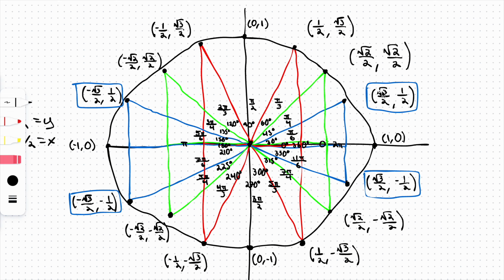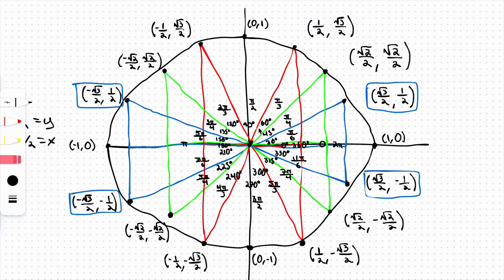I don't really remember these coordinates, but I remember my horizontal leg going in the x direction is long, and this vertical leg is short. So I remember long leg is root 3 over 2, and our short leg is 1/2.